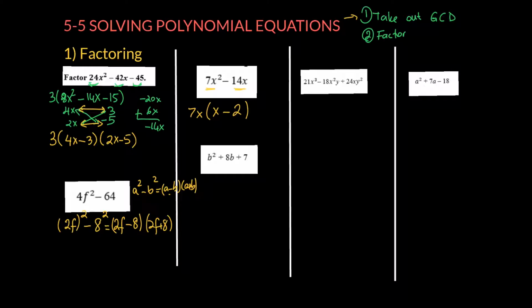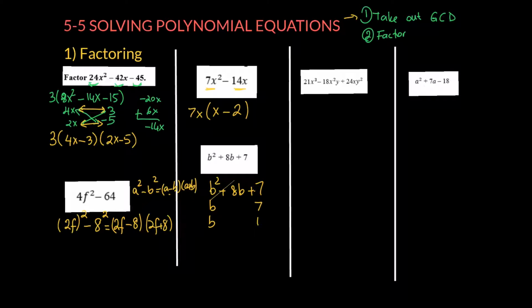b squared plus 8b plus 7. If you still remember what we did in here, we are going to do the same. So b squared, we can break this one down as b times b. And then 7 can be written as 7 times 1.